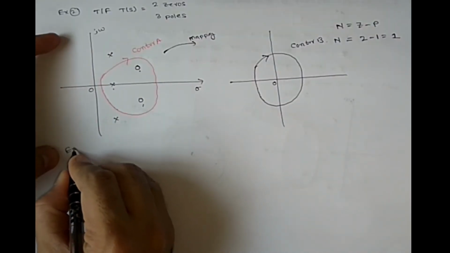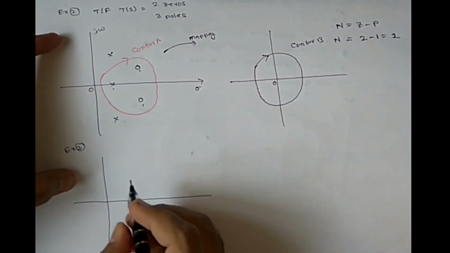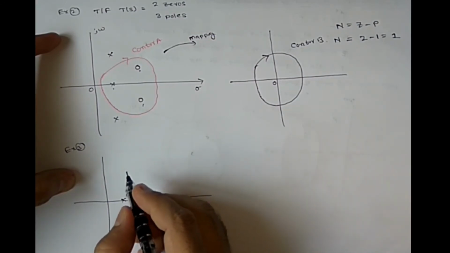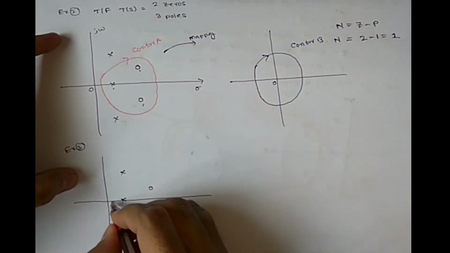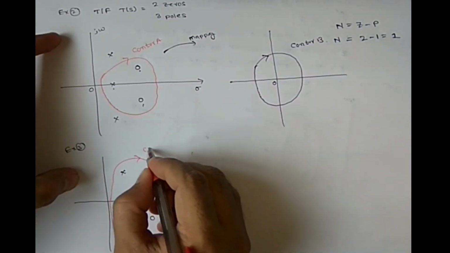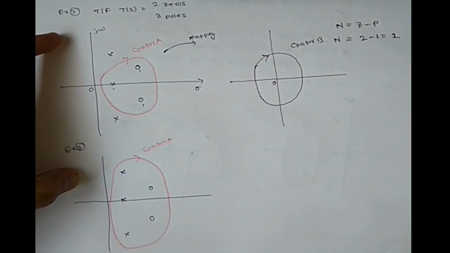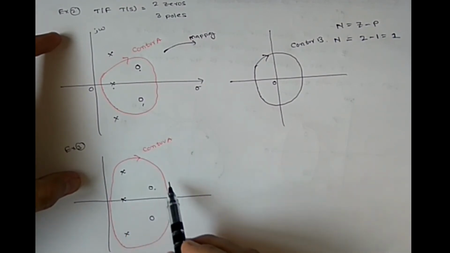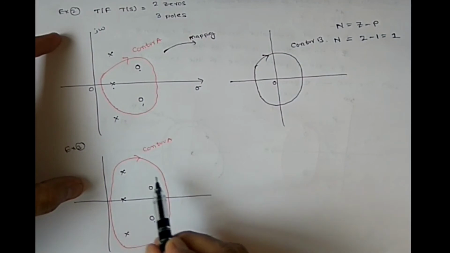If you go to example 3, I will take the same one. Now if I have a contour like this, then this zero will make a clockwise contour B, and this will also make clockwise.